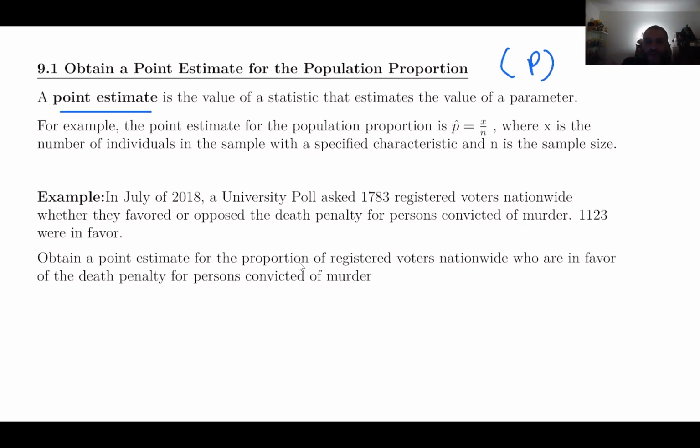So if I don't know what the population proportion is, we're gonna use p hat to estimate it, because the best estimate for that is the p hat. Any question in regard to p hat and why we call it the point estimate?